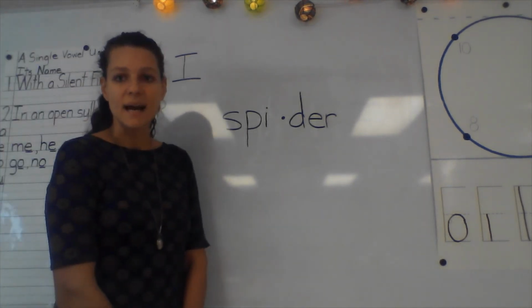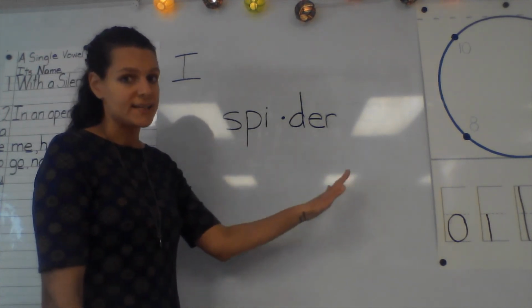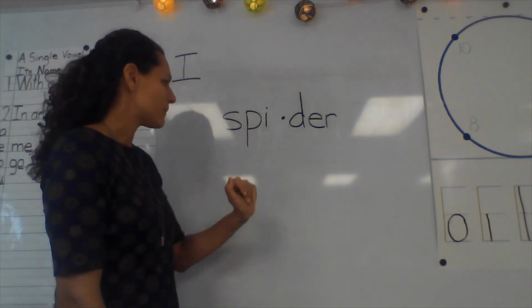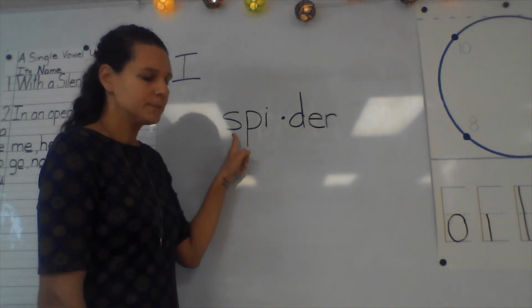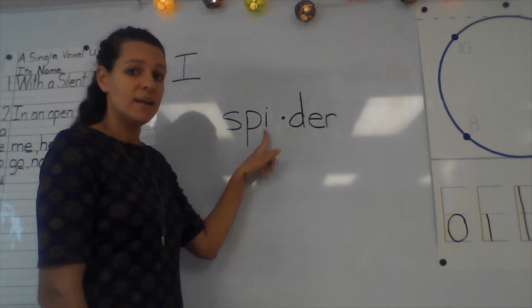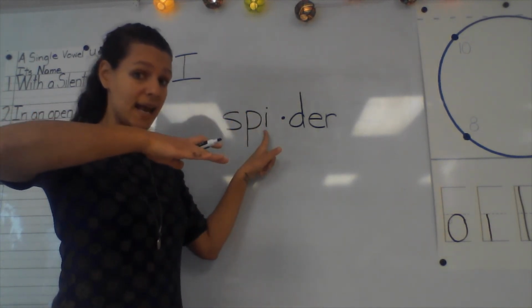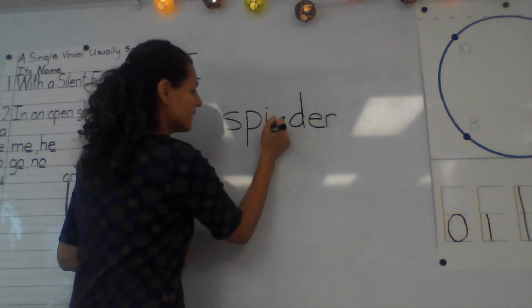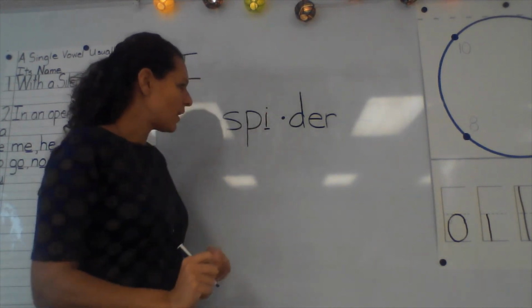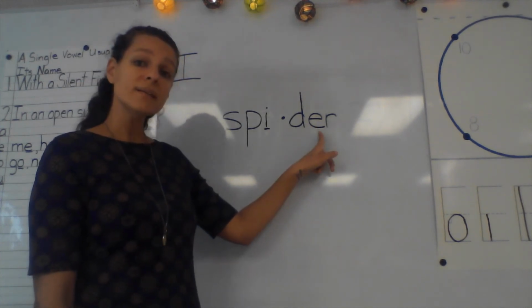And let's say the sounds and put them together, first we're going to mark it. Then we'll say our sounds and put them together. So does this need a marking? No. No. Good, we need to underline our I-E because it's saying its name, which is I. All right, does this need a marking? No. How about this?